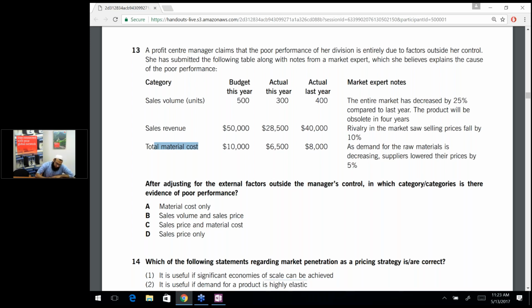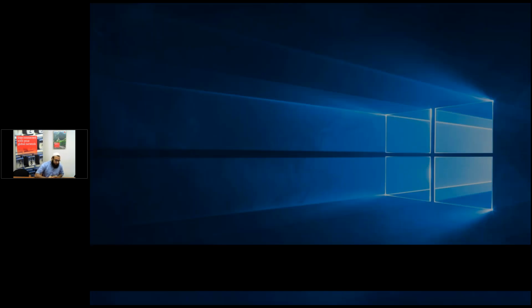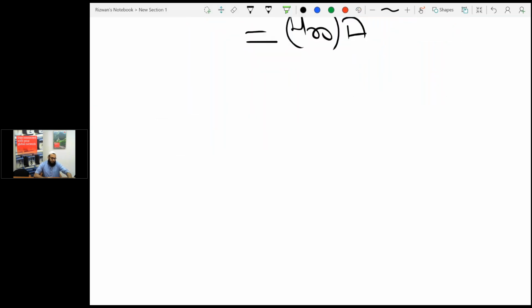First, let's do one thing. Let's first do the calculation for material variance. Now, what the question was asking for was the factors after adjusting, where is poor performance.